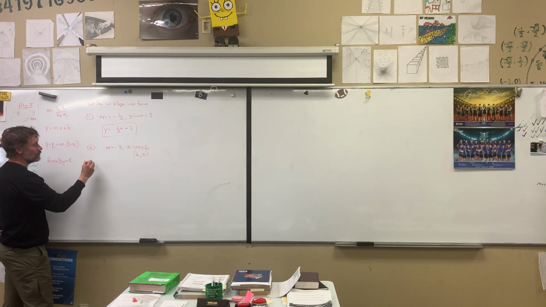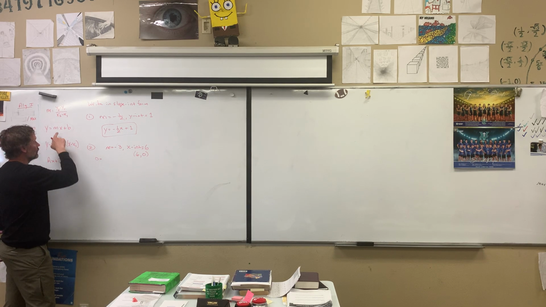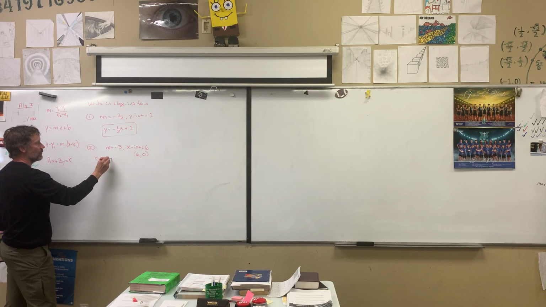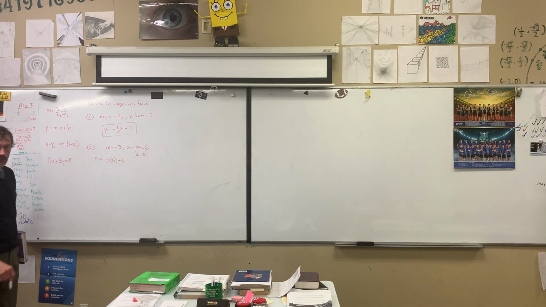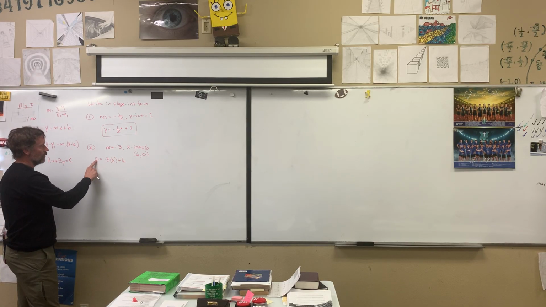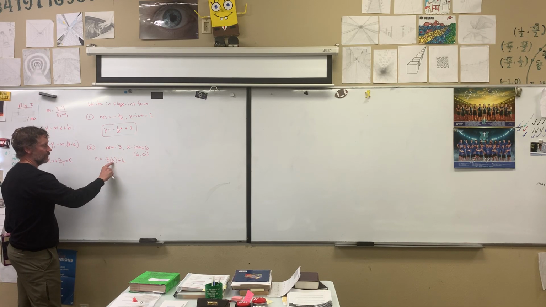So what you can do is you just plug in and you say, okay, 0 for y is equal to mx, so -3, x is 6, and then plus b. b is unknown. So again, we plugged in 0 for y, -3 for m, and then 6 for x. Now we get out 0 is equal to -18 plus b, and we see that b is equal to 18.